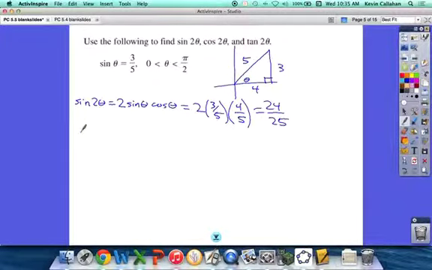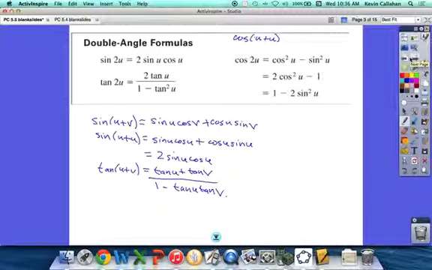Okay, cosine. And again, you've got 3 choices. Whichever formula you want, it's going to get the same answer, whether you think one of them is easier than the other. It doesn't really make much difference because now we don't have a problem having to substitute for cosine and sine.